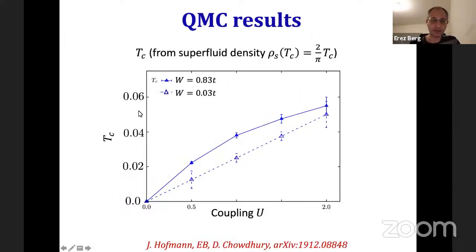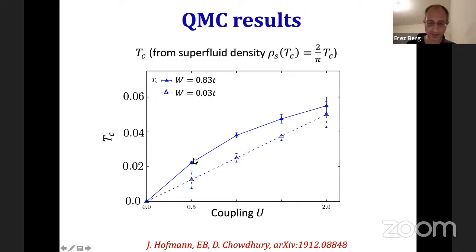This is what the phase diagram looks like. It turns out that, as stated, the model actually is an S-wave superconductor. So the ground state is an S-wave superconductor, and this is Tc as a function of U for these two parameter sets that I've shown you before. One is for the more dispersive band, where the ratio between the bandwidth and the band gap is about a fifth, and the dashed line is for the more flat band, where the band is extremely flat.